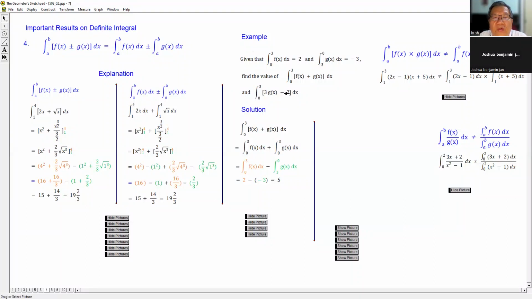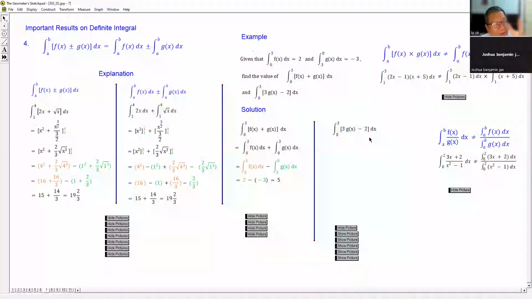So we move on to the second question. The second question is integrate from 0 to 3, 3g(x) minus 2. Like this. Okay, so how to proceed? Got any idea how to proceed? Subtract.